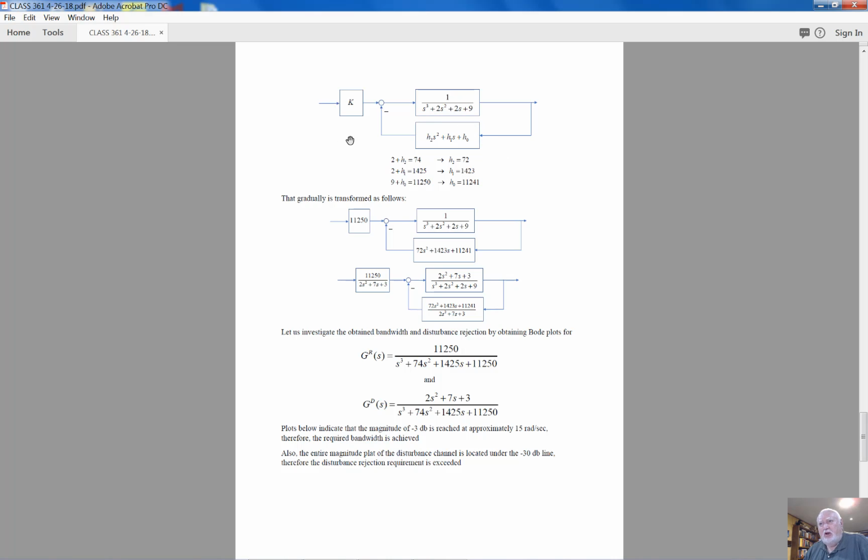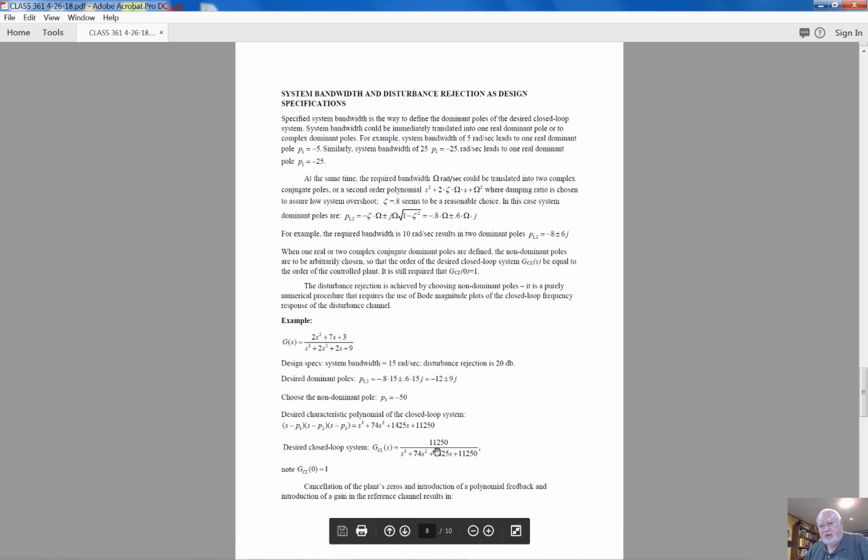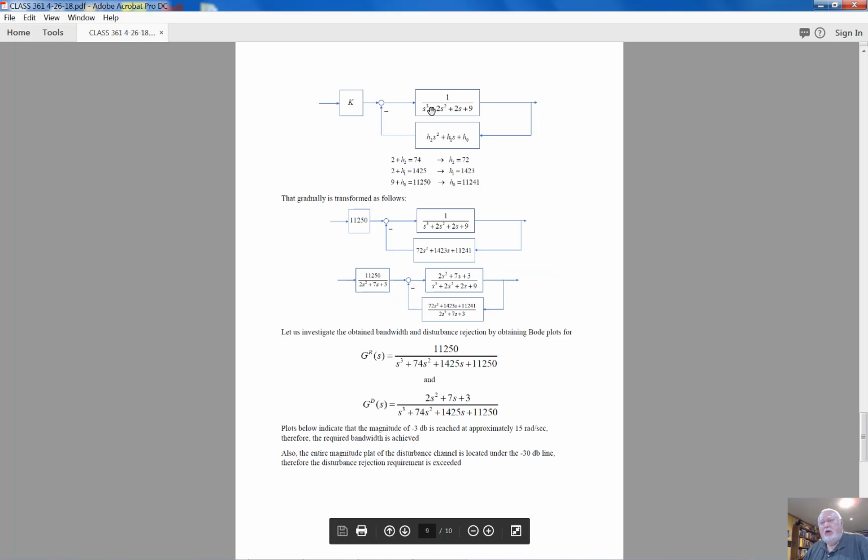We know that the closed loop system transfer function should be equal to the earlier obtained expression, specifically to this expression. To achieve this goal, we have to make this k, constant gain, equal to 11250, and coefficients h2, h1, and h0 should be defined as shown here.